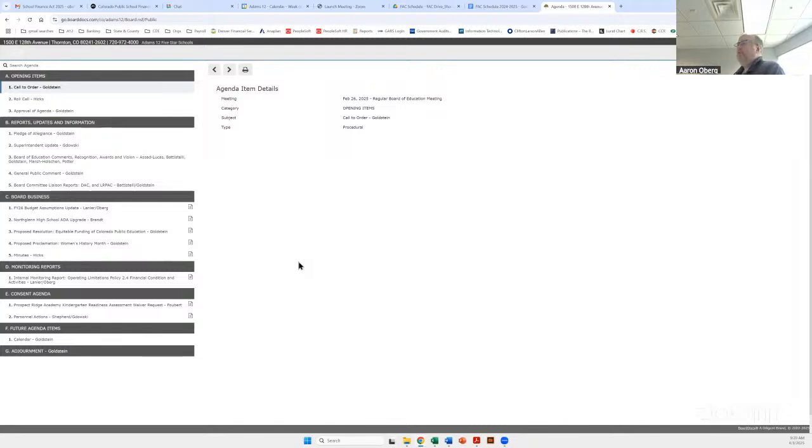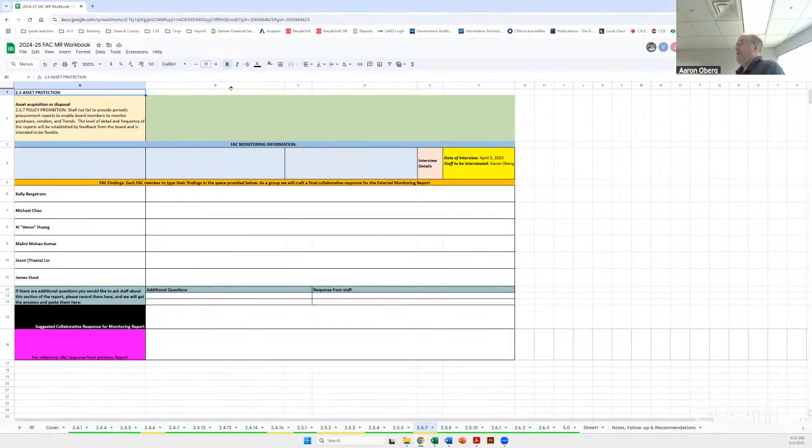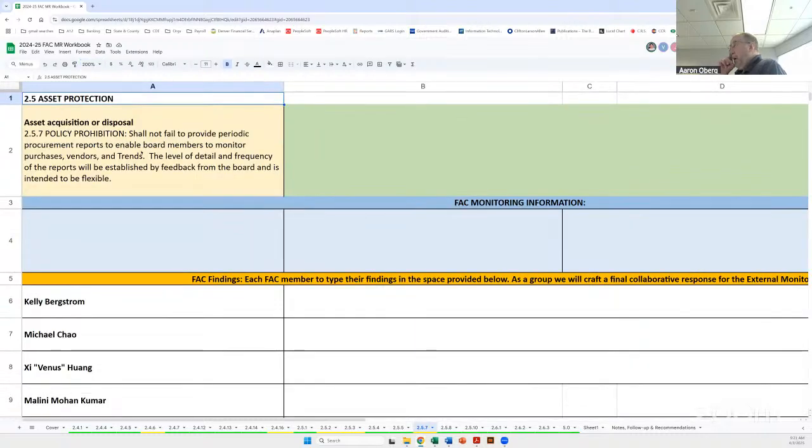So now we want to move to really a much easier one, and I'm not sure, need to do these in a different order. I know Gina is still on, so what we want to do now is move into policy 2.5.7. And 2.5.7, if we take a look at it, what you'll see here is, and hopefully that's readable.